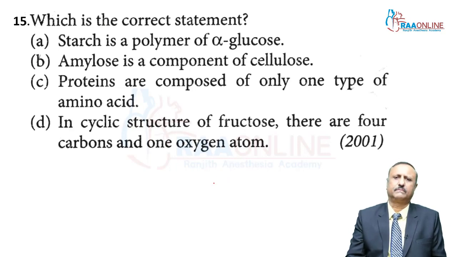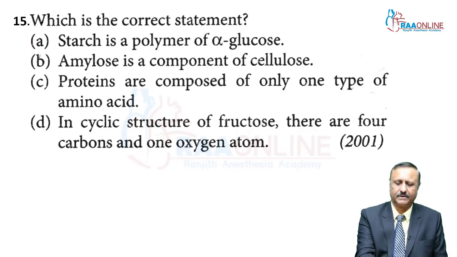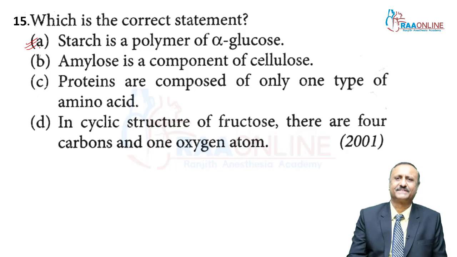Now, we can see question number 15. Which is the correct statement? Okay. My dear students, here you first learn all the statements. Statement A is starch is a polymer of alpha glucose. Starch is a polymer of alpha glucose, and when you learn this statement, it is correct.